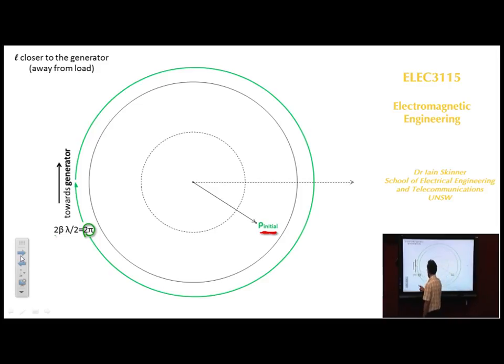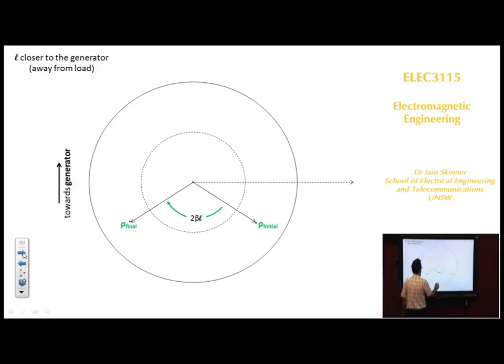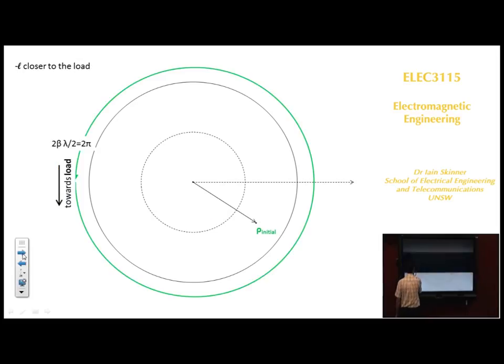We are now going to move towards the generator along the transmission line, a distance corresponding to the phase change of our local reflection coefficient rho. So, where do we find this on the Smith chart?